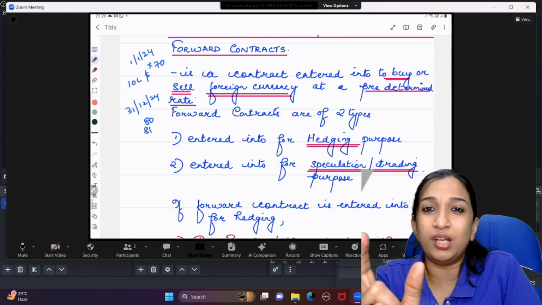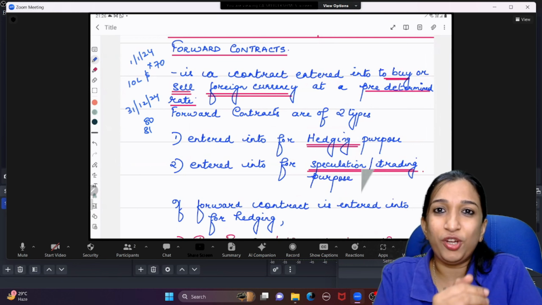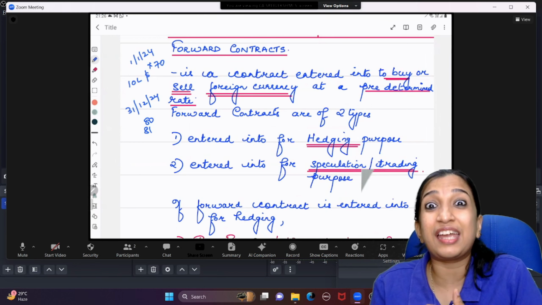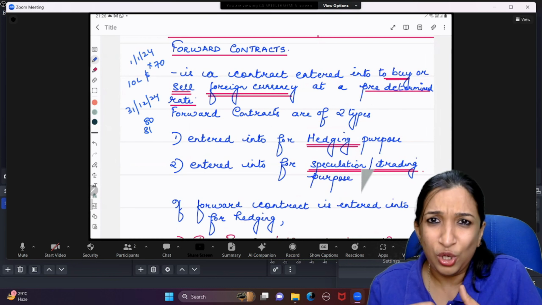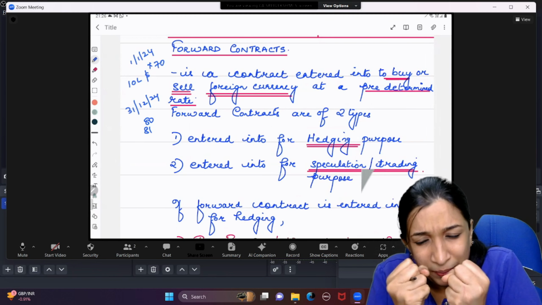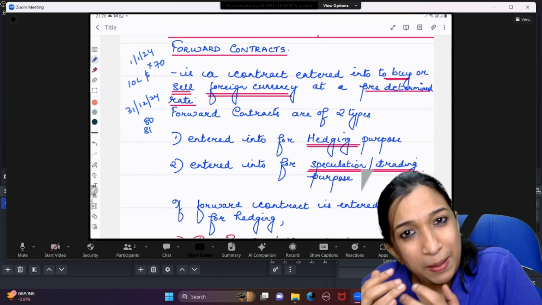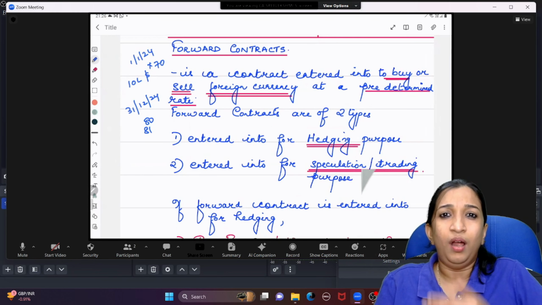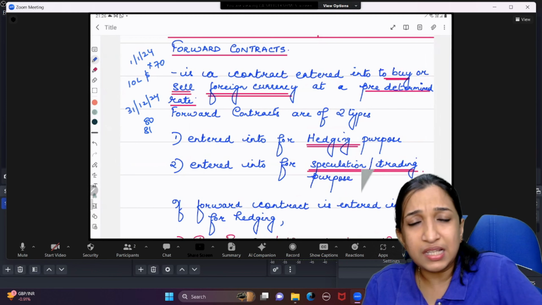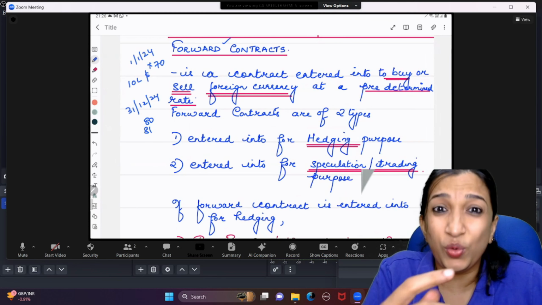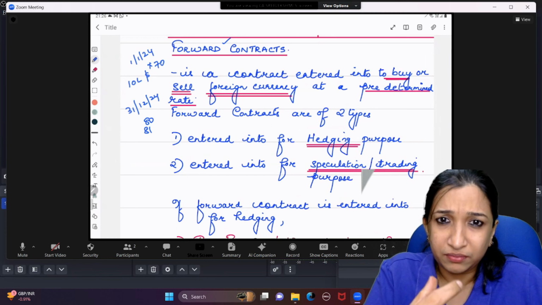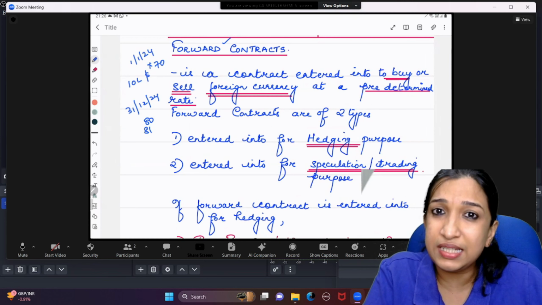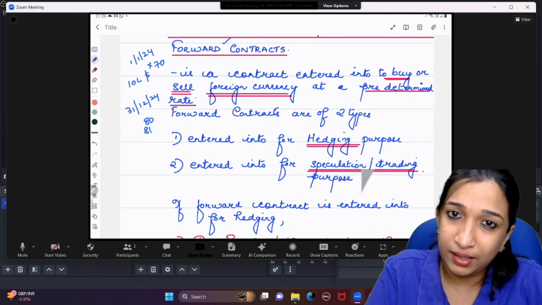So $10 lakh, my God, means 10 lakh into 10, 1 crore loss. So to mitigate that loss, or maybe for speculation, you enter into forward contracts. You entered into a contract to buy or to sell the dollars at a predetermined rate.